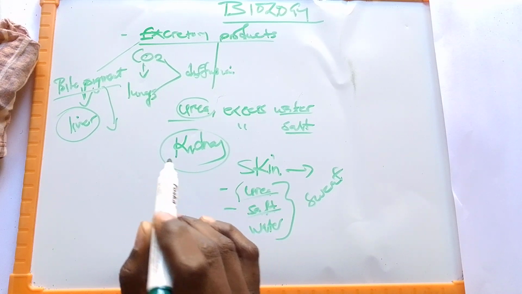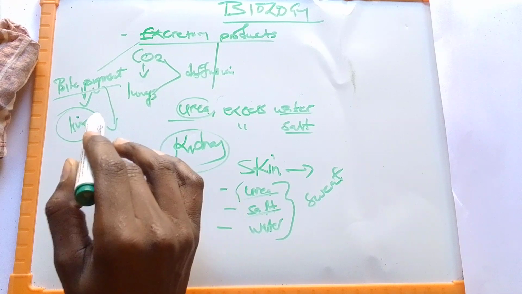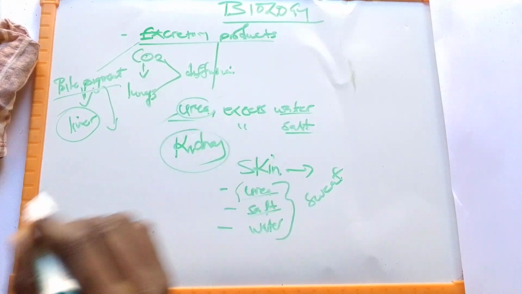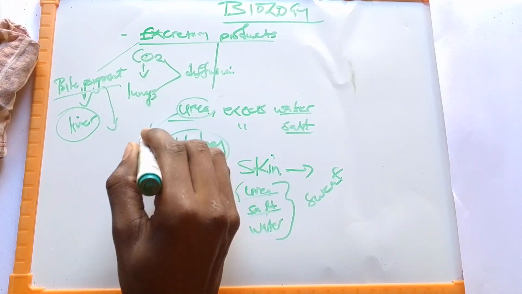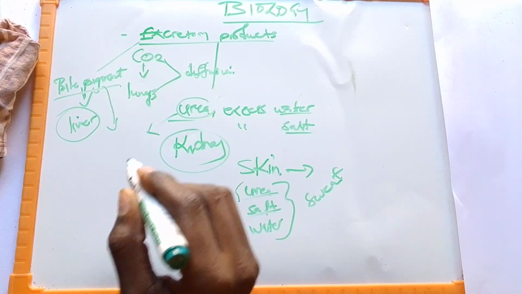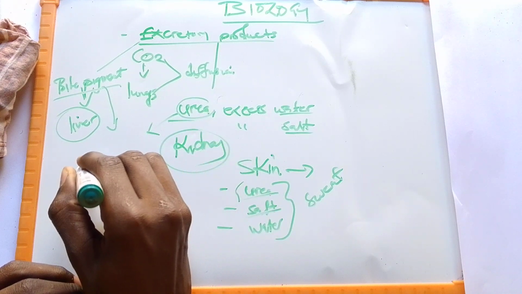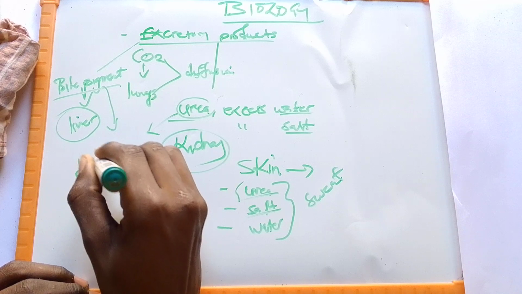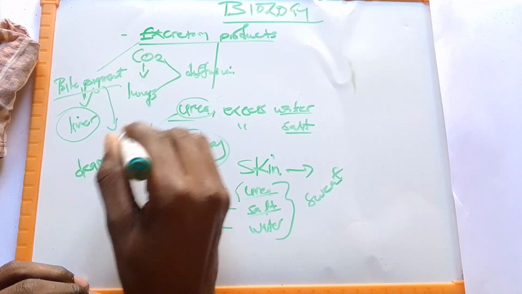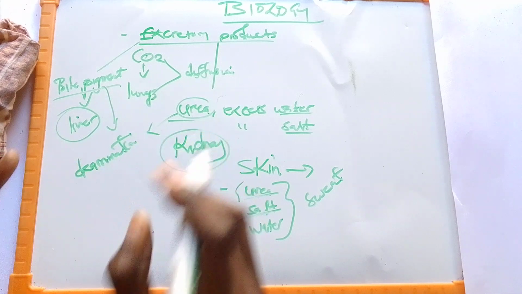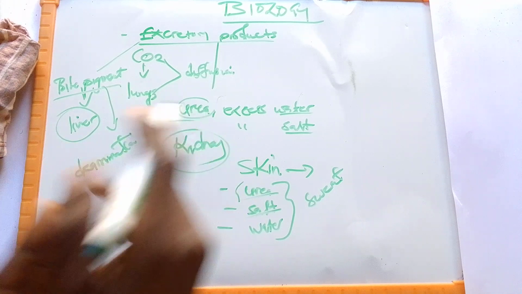So remember that we have said this urea which is being excreted from the body is produced during the deamination of proteins and amino acids. Deamination is the process which is responsible for the production of urea.